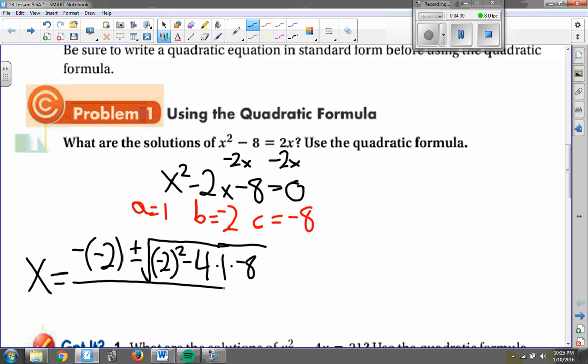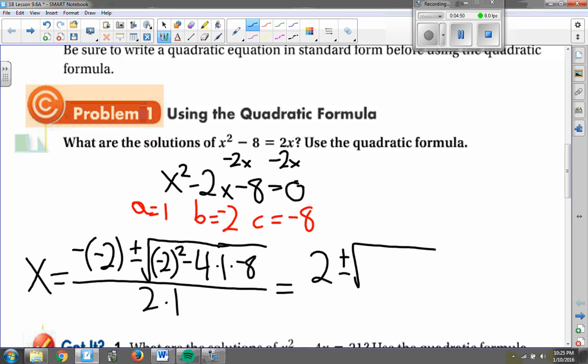Once I've done that, I will divide everything by 2 times 1, which in this case will just be 2. Okay, now negative 2 is just a positive 2. I flip it back. So if your b value is negative, you'll flip it back to positive in the front here. Plus or minus the square root of, now I'll do some of this math in here.